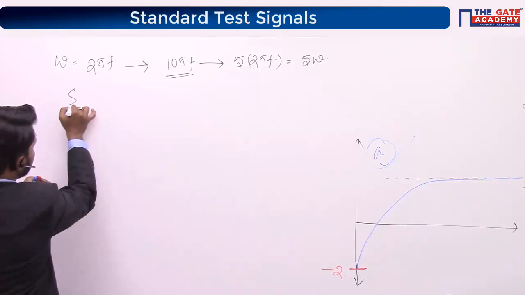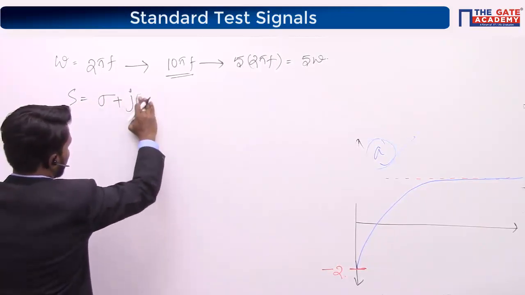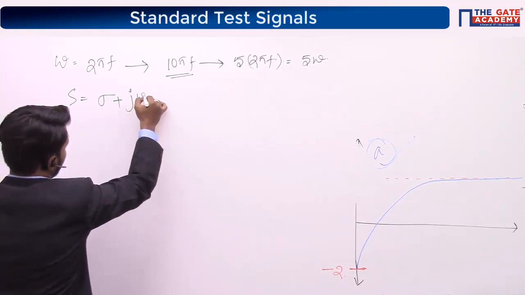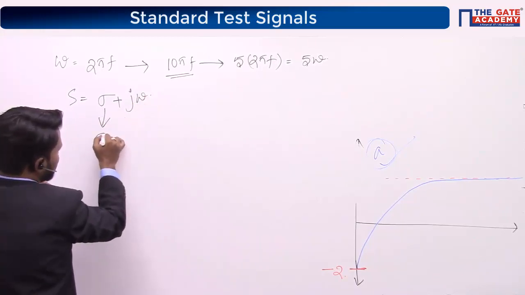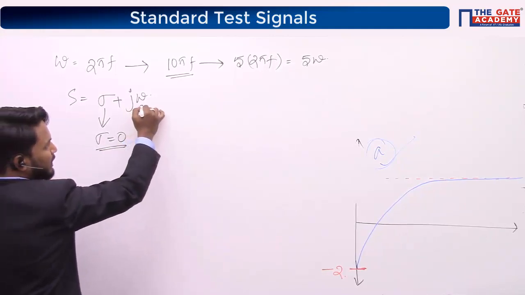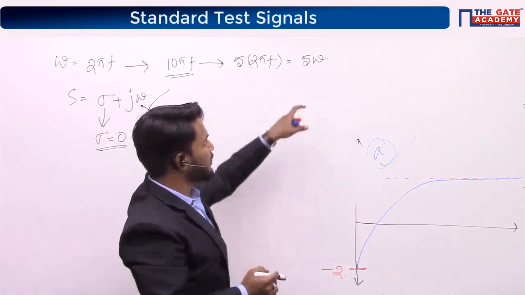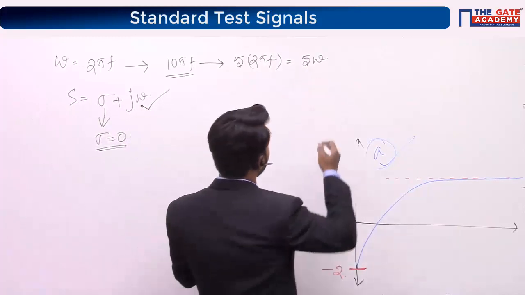So in s is equal to sigma plus j omega, here sigma is equal to 0. If sigma is equal to 0, only omega is present, right? So here also only omega is present in the place of s.